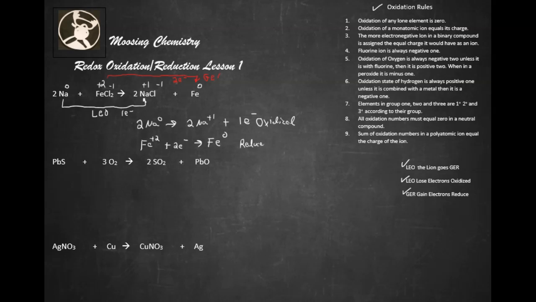Okay, so the next one is PbS. So what we need to do is we're going to have to balance this. We have a 2 in front of that S there, right? We have to put a 2 in front of here, and we'll have to put a 2 in front of here to balance out that equation. Sometimes our equations are not always balanced for us, right?